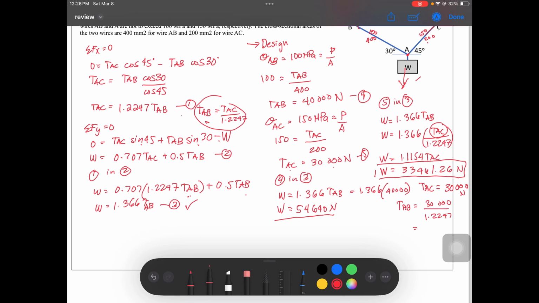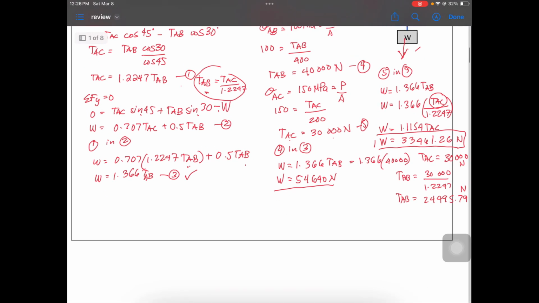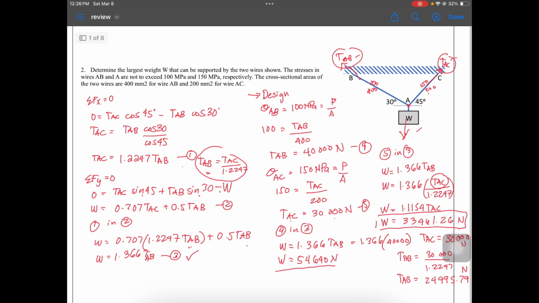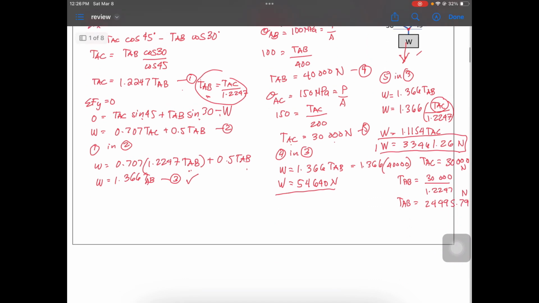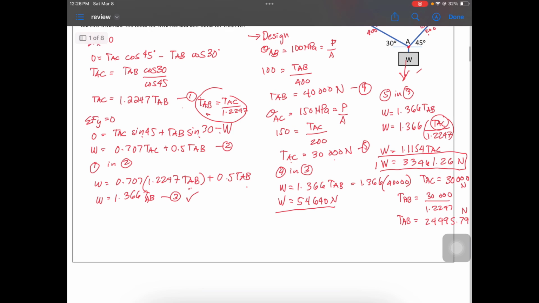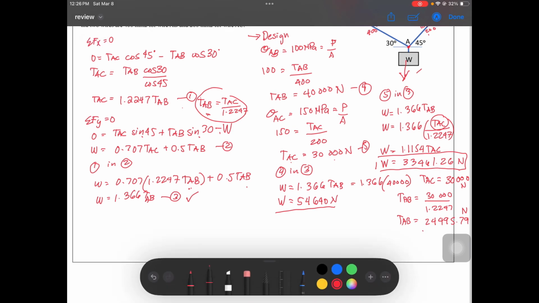So, ang TAB natin is 24495.79 Newton. So, kung kukunin, kunwari, papakuha ko ang stress sa TAB. So, ito yung actual niya over yung area niya na 400. And then, the stress sa TAC is 30,000 divided by 200 na cross-sectional area niya.